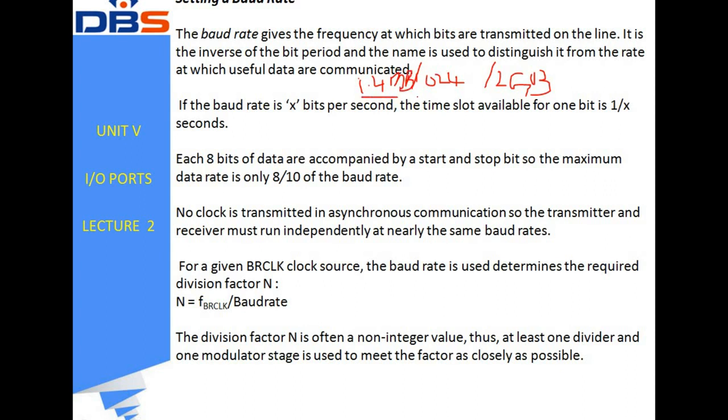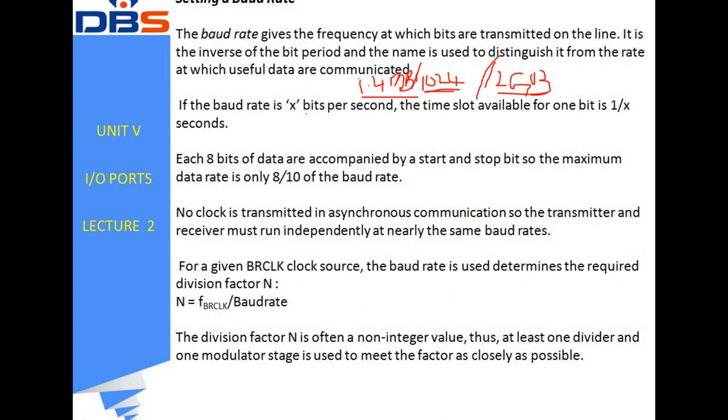This is our baud rate. That means this many bits are being transmitted per second. So 2 GB is our complete data, and sometimes if your internet access is very poor, then we can see 1024 kbps, like that. So this is our baud rate.